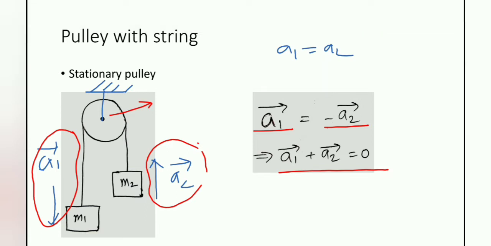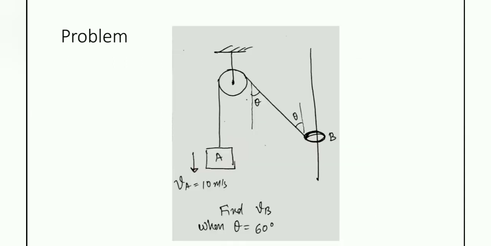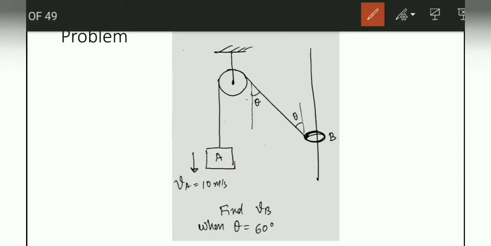Now let's solve this problem. We have a pulley that is stationary, that is fixed, and mass A, or an object A, is hanging vertically from one end of the pulley, and the string from the other end of the pulley is connected to, say, a thin bead.